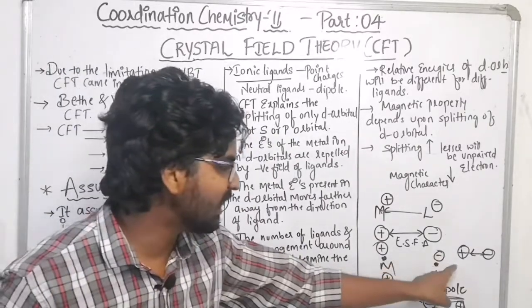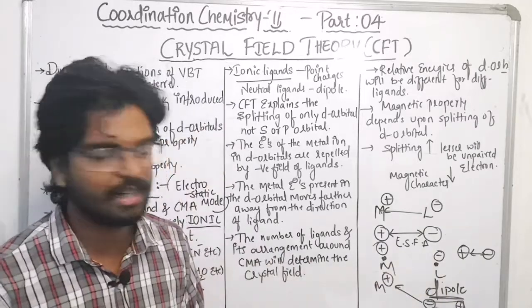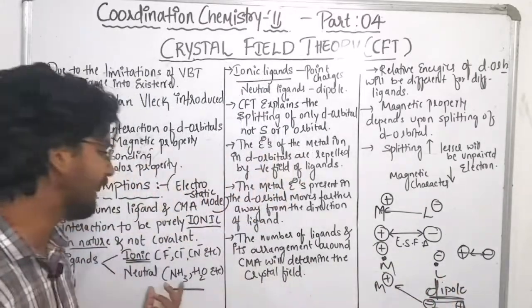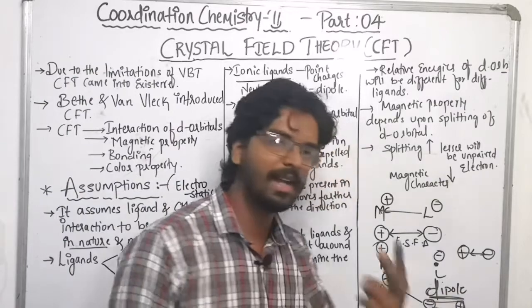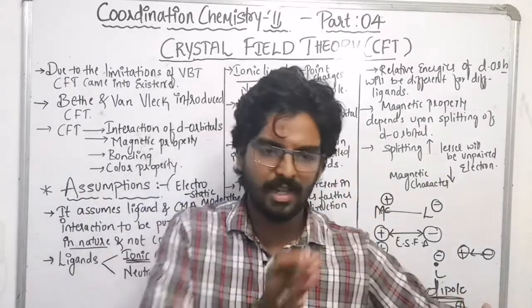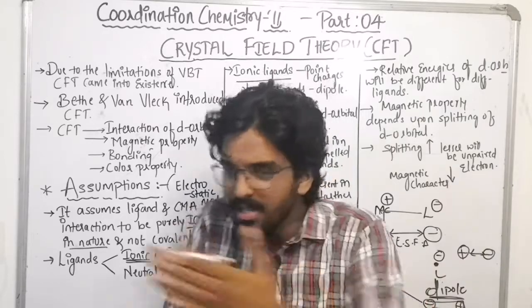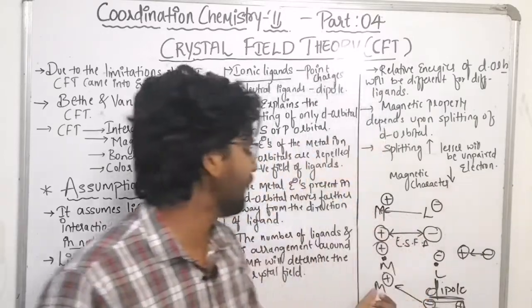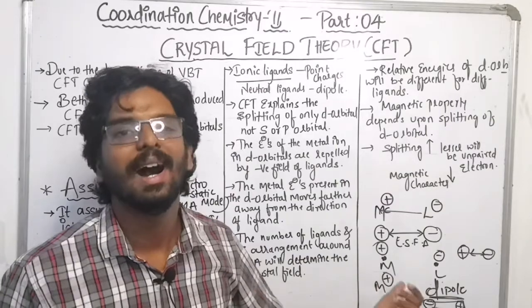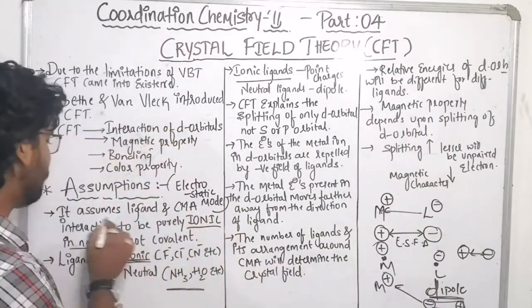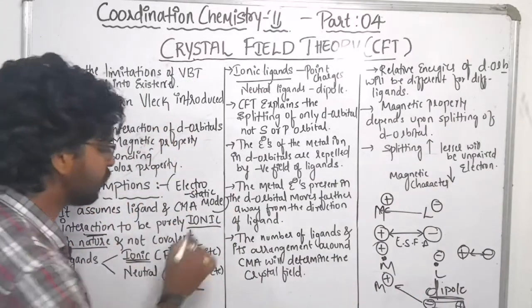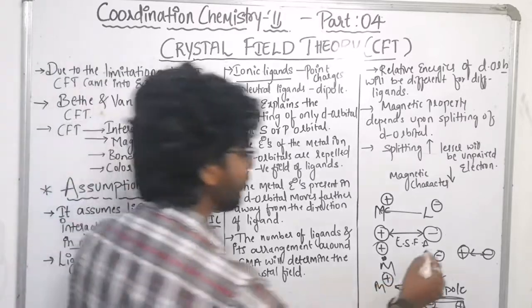For point charges, there is a strong electrostatic force of attraction. When it comes to neutral ligands, it is considered as a dipole. A dipole again has two charges, one positive and one negative, separated by a certain distance, and that negative charge is directed towards the central metal atom or ion. So this is how the interaction is purely ionic.